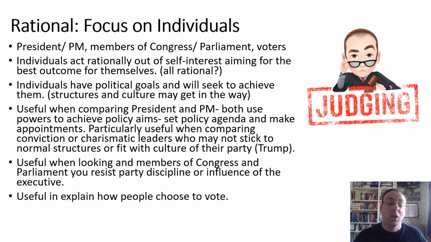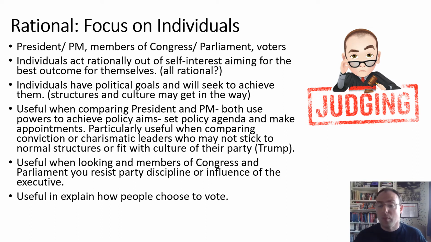It can be useful in explaining how people choose to vote, but then again, you might not always think that people make rational choices on that either. So, for example, you might suggest that rational choice would suggest that less well-off, poor voters are likely to vote Labour in the UK and Democrat in the US because of the policies that those parties put in place and how they would benefit the less well-off.